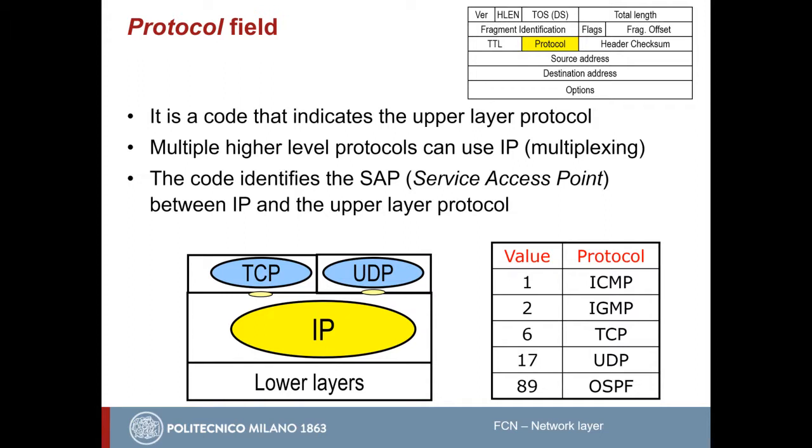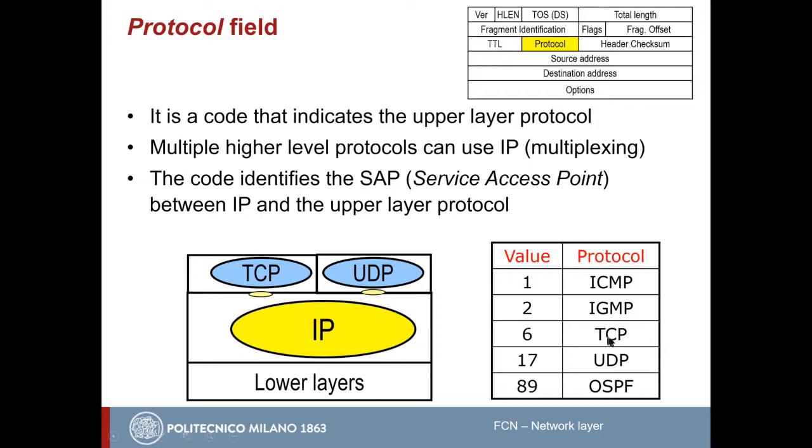In the payload of the packet, this field tells what kind of data is carrying. And the value written in the field is related to a list of possible protocols. These are the protocols that can exploit IP to transfer at layer 3.